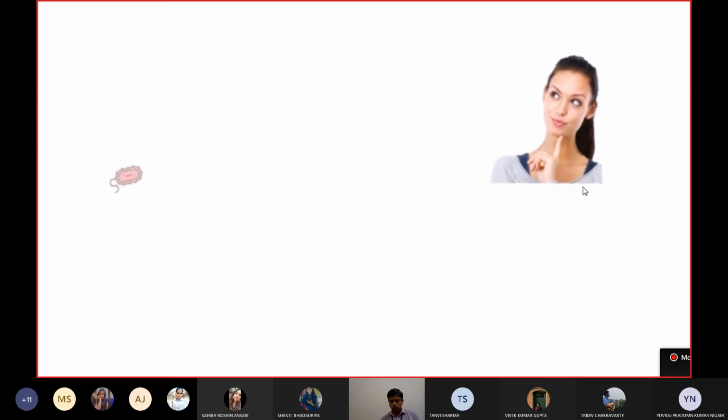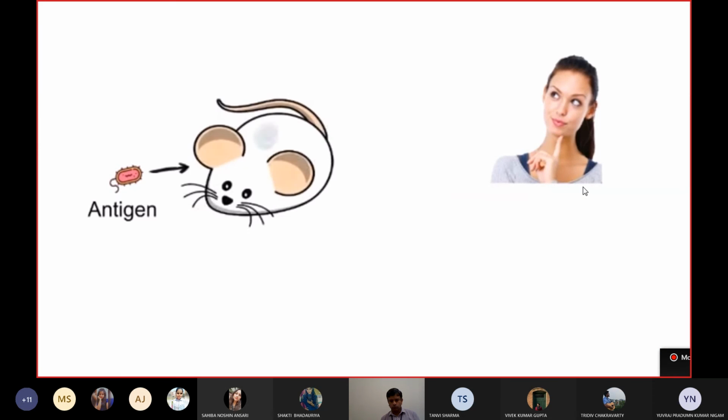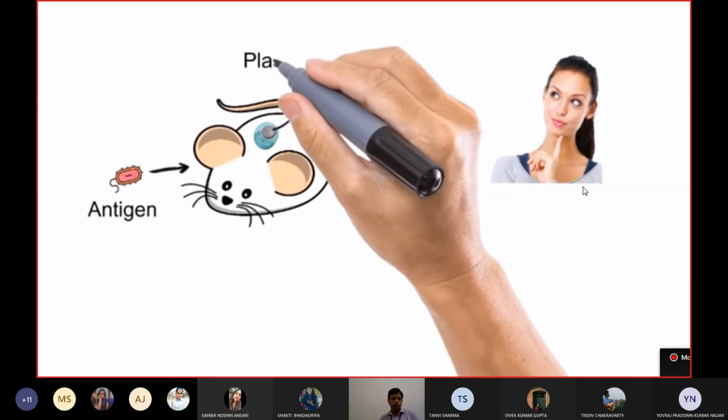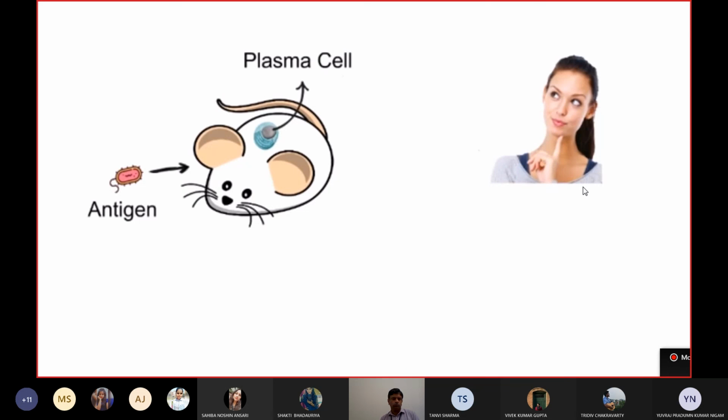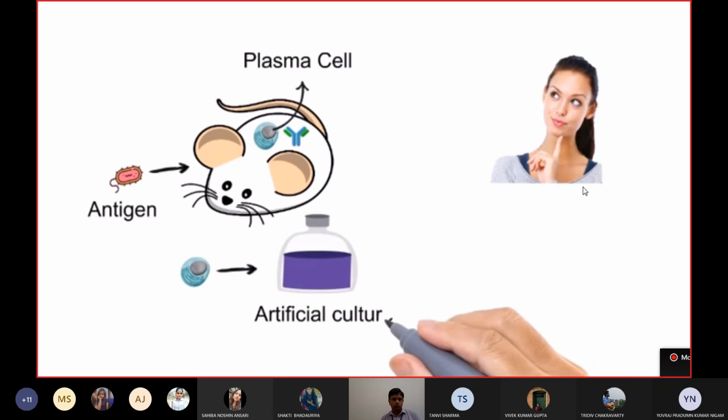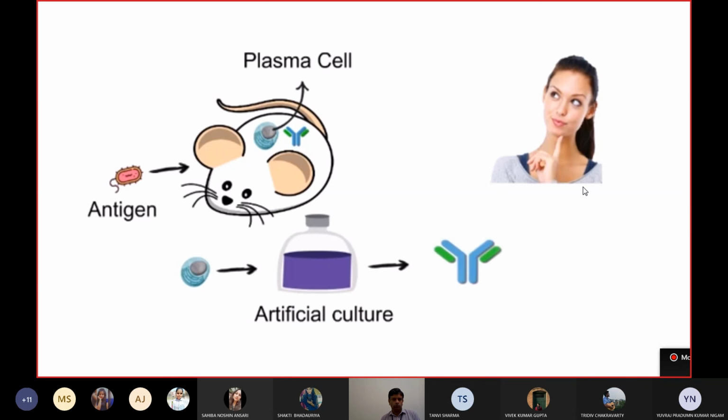Now we might think, if the antigen is administered into the body of animal and that animal is going to produce plasma cell against that particular antigen which produces monoclonal antibodies against it, we can isolate this plasma cell from the lab animal and they can culture into the artificial media, and in artificial media this plasma cell will produce antibodies for us.